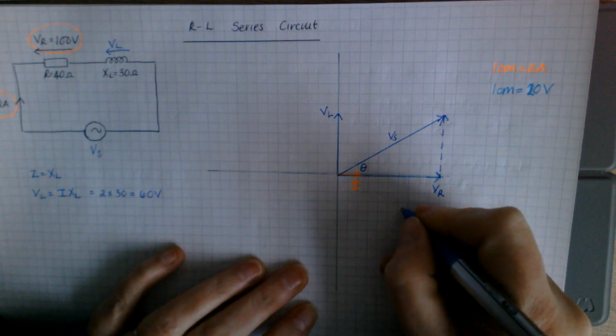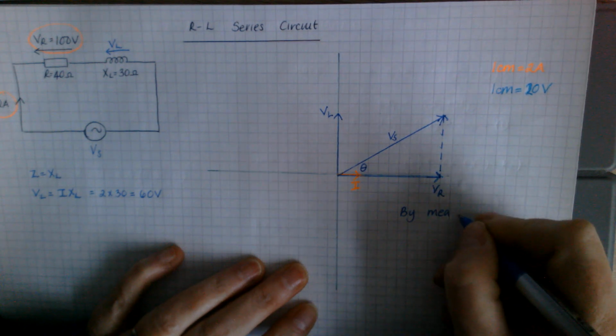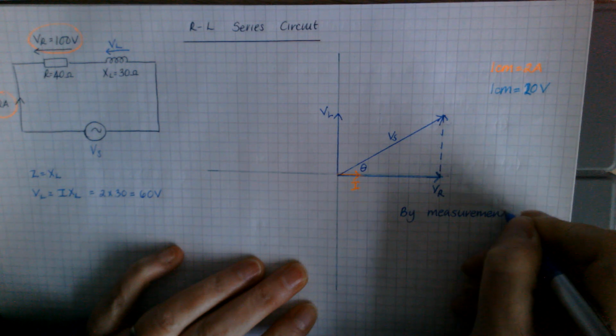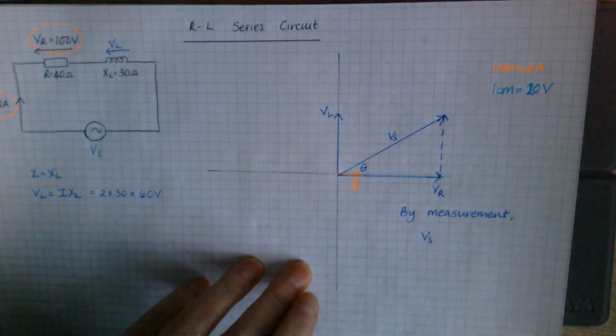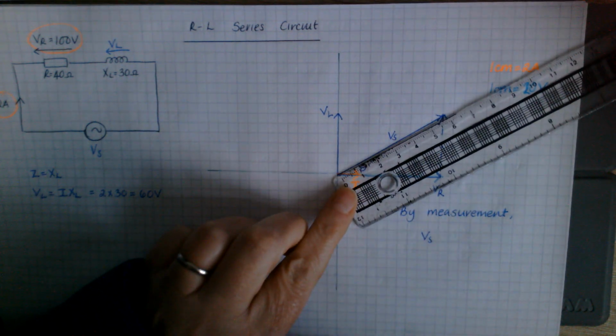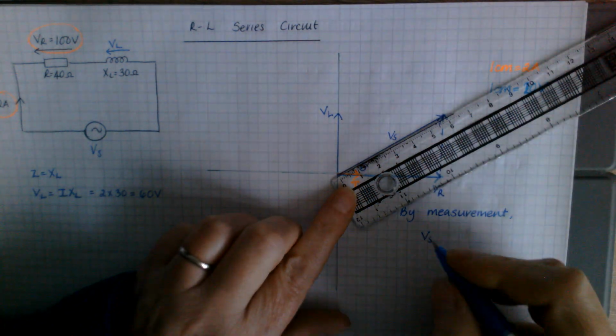So by measurement, my VS on my scale of 1 centimetre equals 20 volts. My VS is about 6 centimetres.